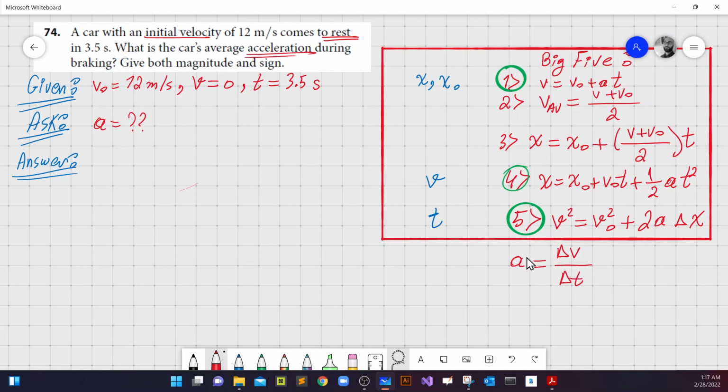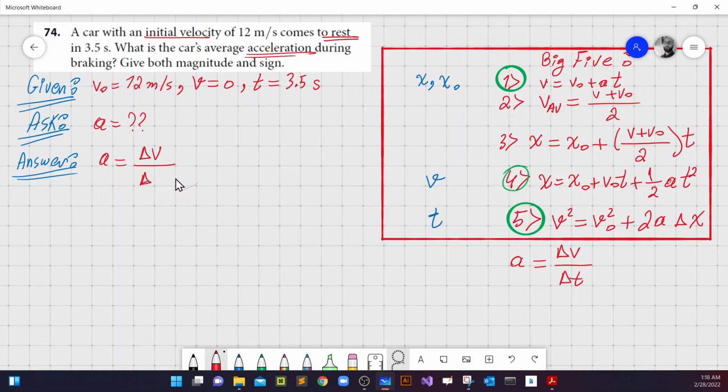So I'm gonna use this equation, or if you can handle rearranging the first one to solve it for a, that's fine too. Anyway, I'm gonna pick this equation in order to find the average acceleration.